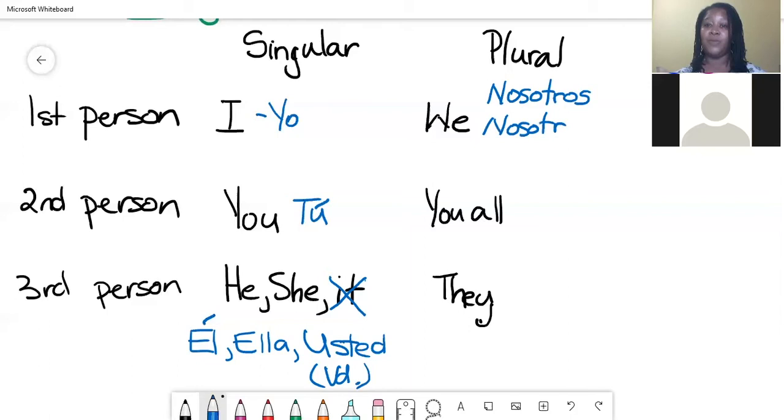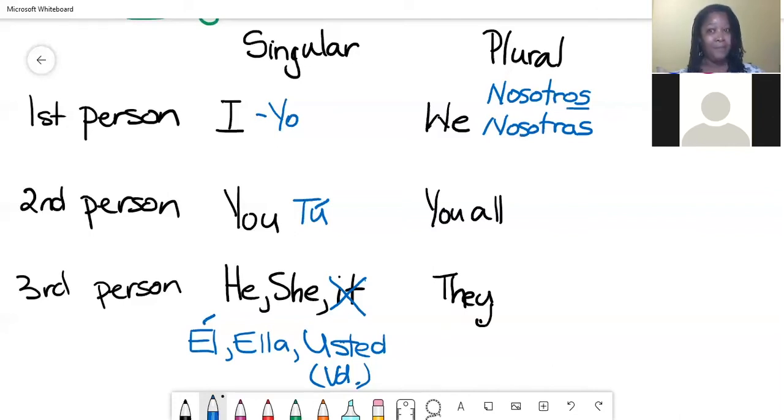One of the things with Spanish that you're going to be noticing is that you have a gender specific way of speaking. Nosotros indicates masculine persons, so all of the I's and I's and I's are all males, or it could be a mixture of genders, males and females.